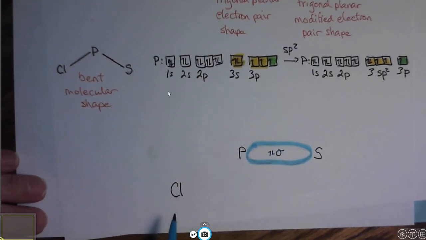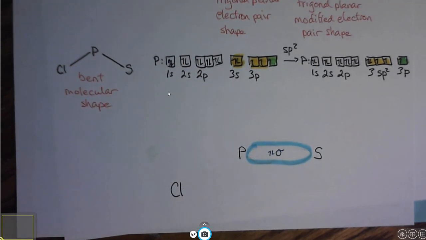Any bond directly on a line between the centers of 2 atoms is a sigma bond.